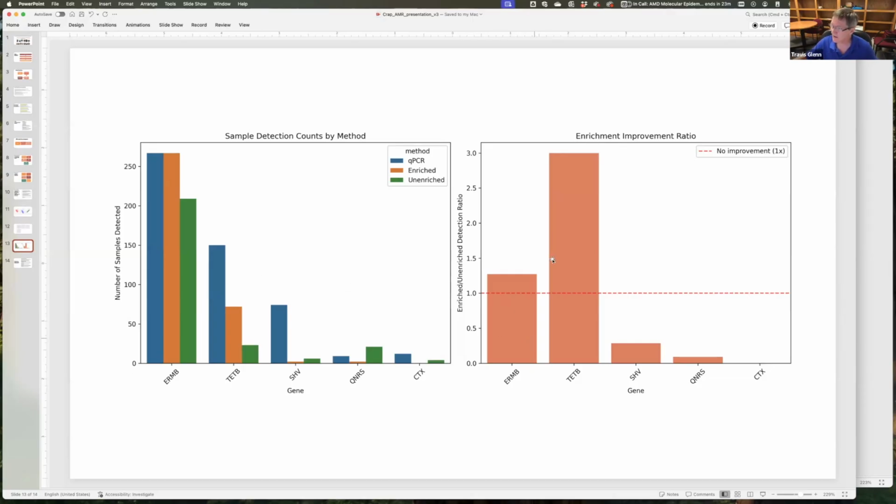It is also the case that the enrichment ratio will change from gene to gene. And even though the enrichment might be working really great for ERMB, because you're starting out with so many samples being positive, you're not going to see that ratio be big.